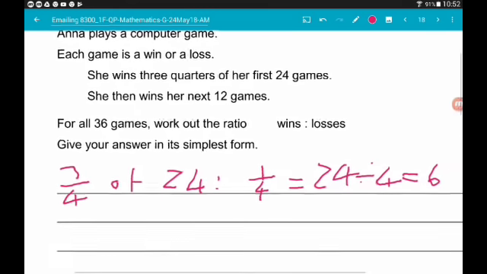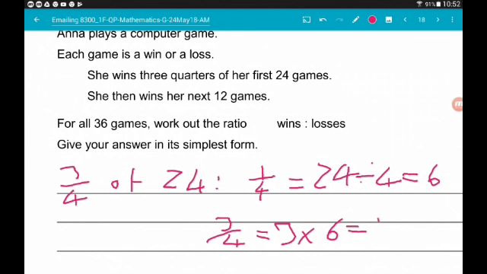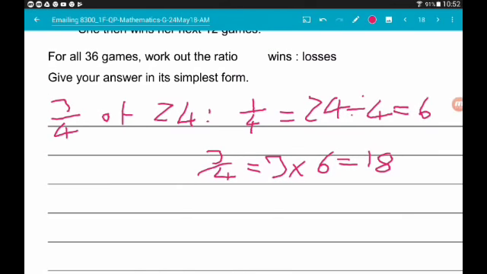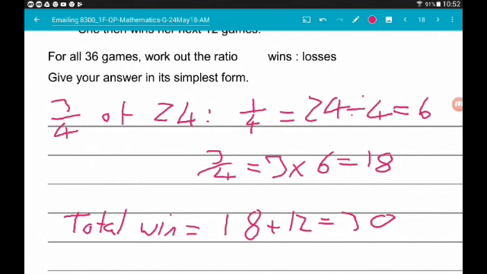which is 6. So 3 quarters is equal to 3 times 6, which is equal to 18. So in her first 24 games, she won 18 games. Now we then know she won her next 12 games. So her total win is 18 add 12, which is 30.